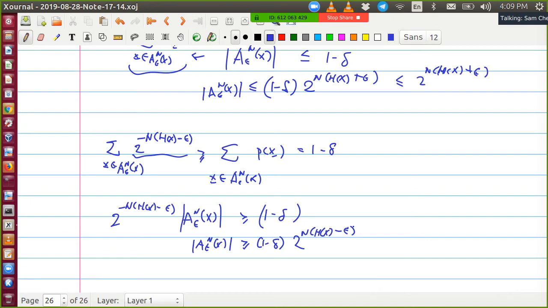Therefore, combined with this, the size of the set has a range like that.